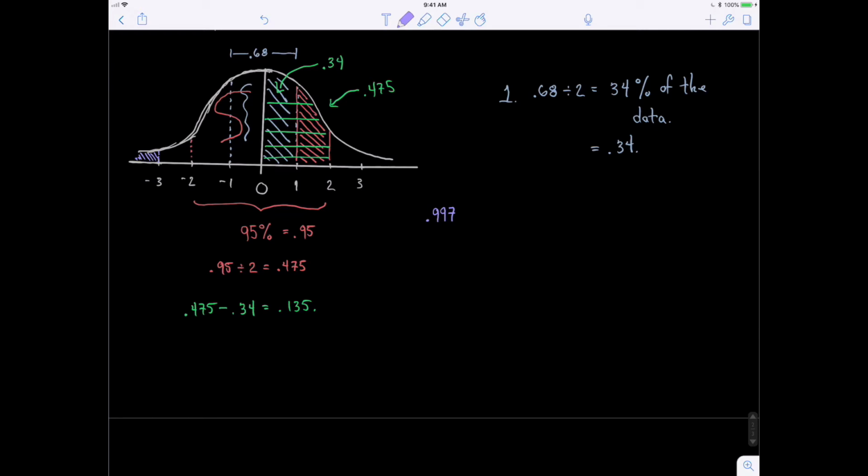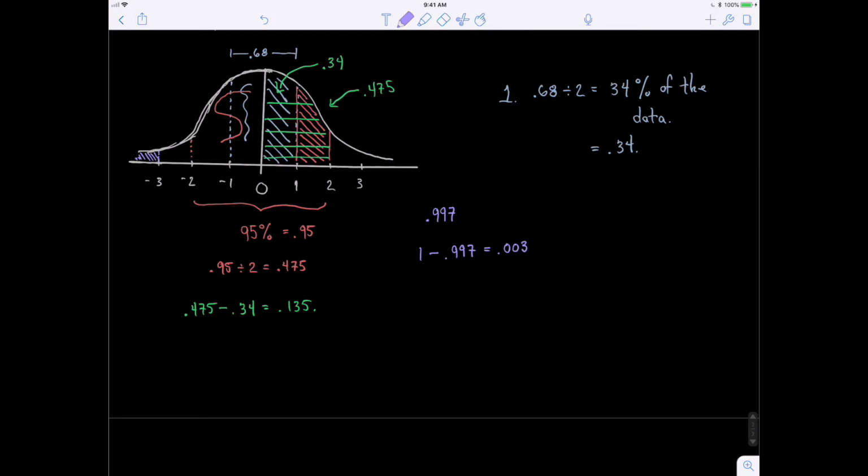I want not only that, I want the part outside of that. Well, here's what we could do. If I take 1, or 100%, and I subtract 0.997, then what I get is 0.003.